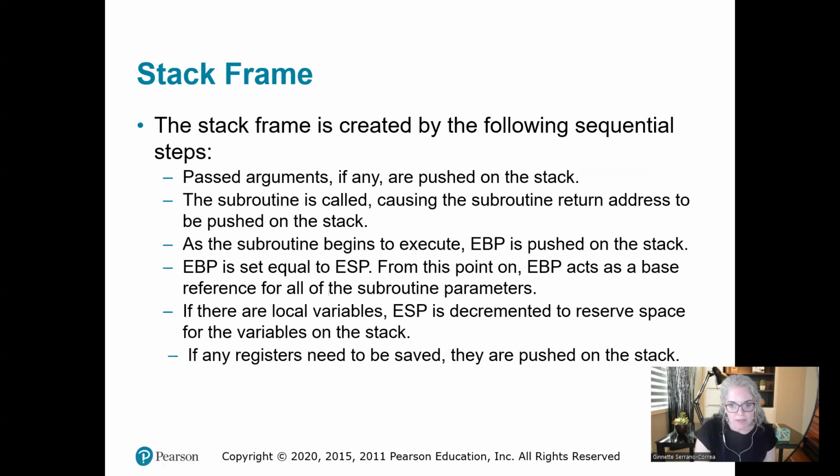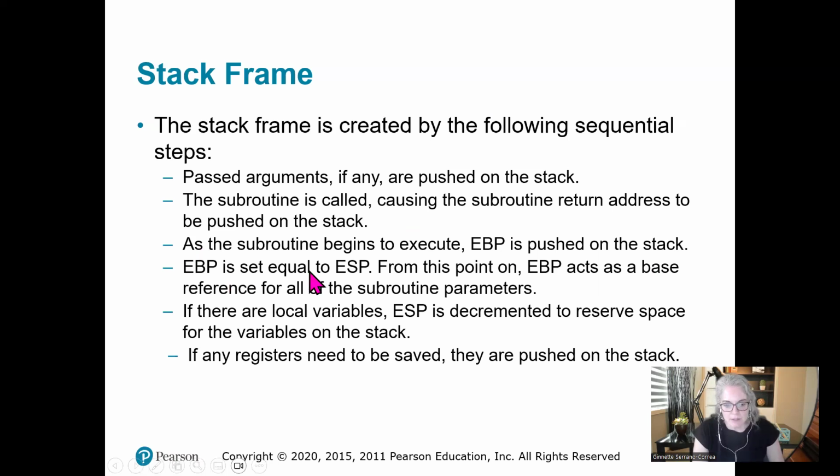So the stack frame is created by the following sequential steps. Pass arguments. So this is actually all the different steps. So the arguments are pushed onto the stack. The subroutine is called, causing the subroutine's return address to be pushed on the stack. As the subroutine begins to execute, EBP is pushed onto the stack, which tells us this is the end of the stack frame for this particular procedure.